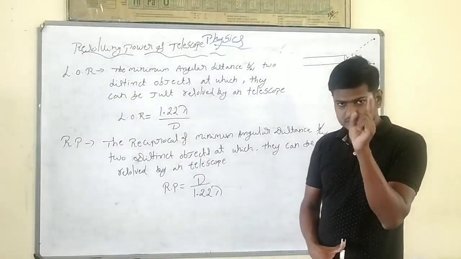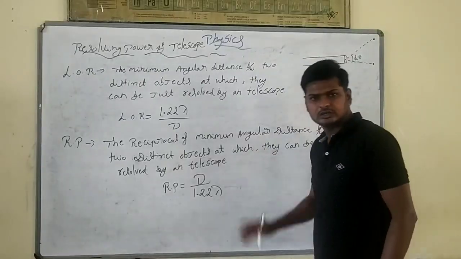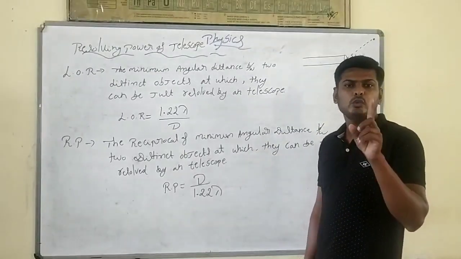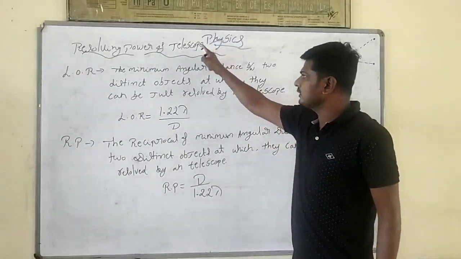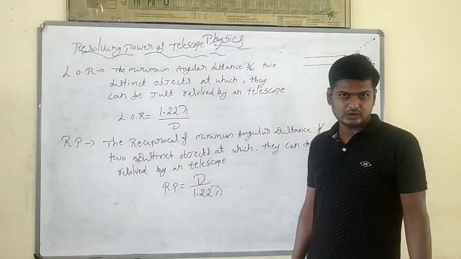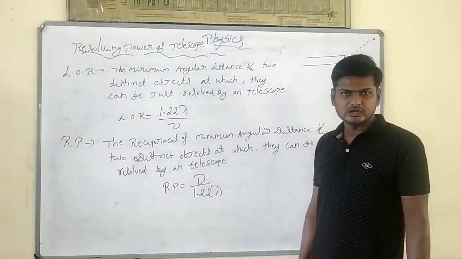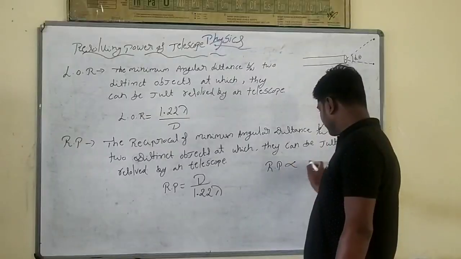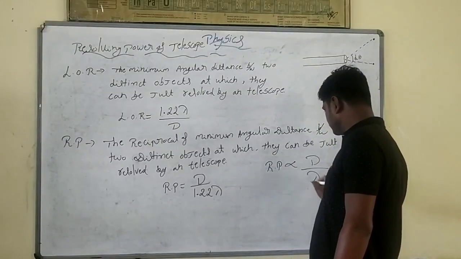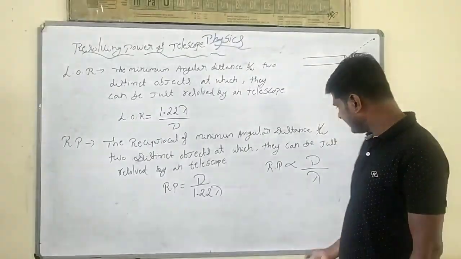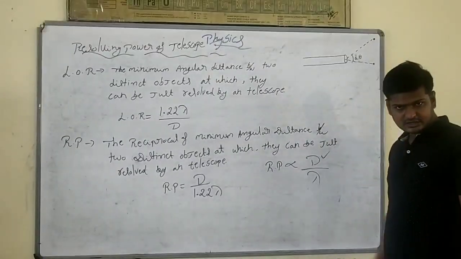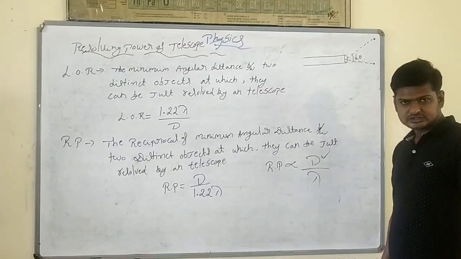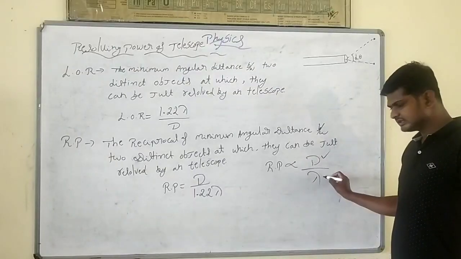In the exam, they will ask how we can increase the resolving power of a telescope. Here, see, the resolving power is directly proportional to D and inversely proportional to wavelength. We could say by increasing the diameter of the objective or by decreasing the wavelength.